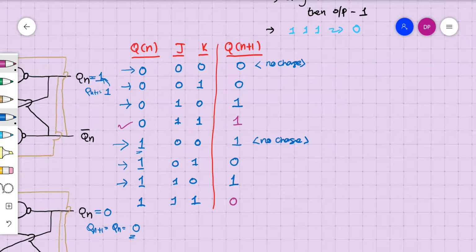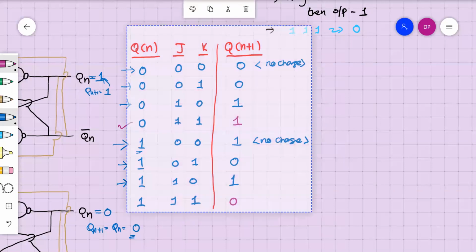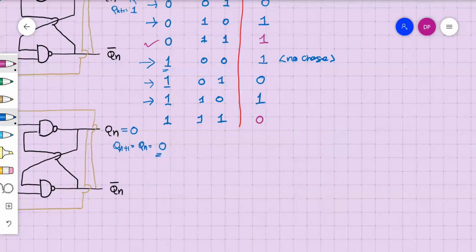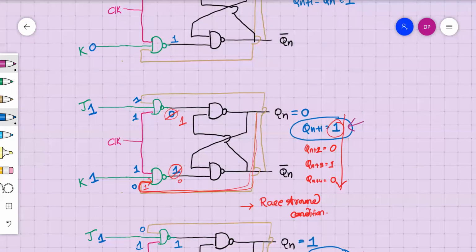This is called as race around condition. Okay, now taking this truth table into account, we will make the characteristic table.